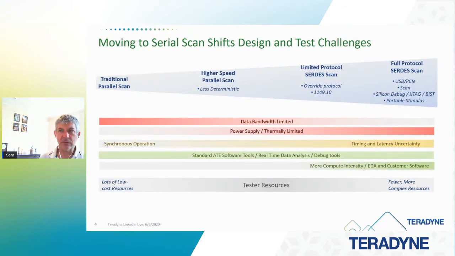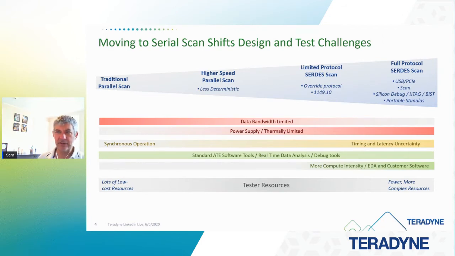So as you adopt this, the intensity of some of these colors shows how the technical challenges change. In a nutshell, you're switching from a bandwidth limited design to a power supply or thermal limited design. You're adding complexity of serial interface and asynchronous operation as you move into both low protocol and high protocol scan.